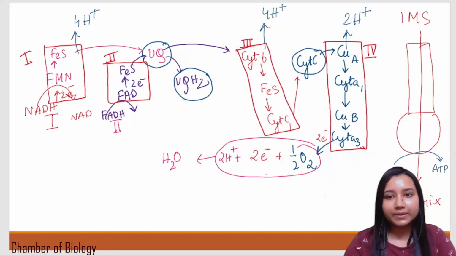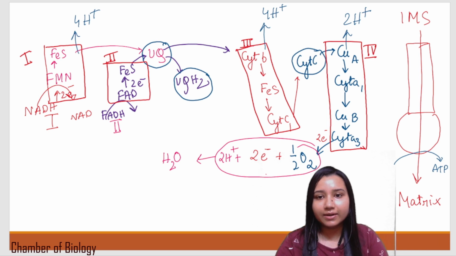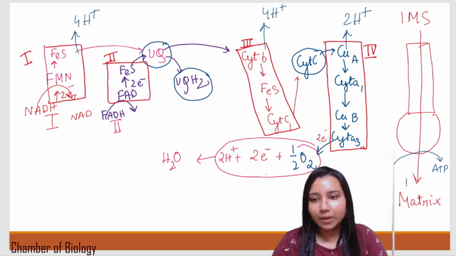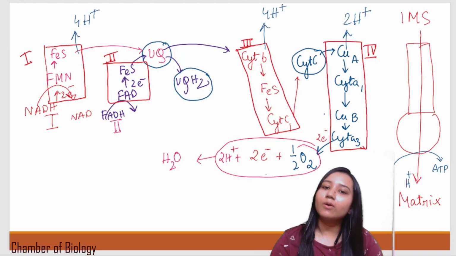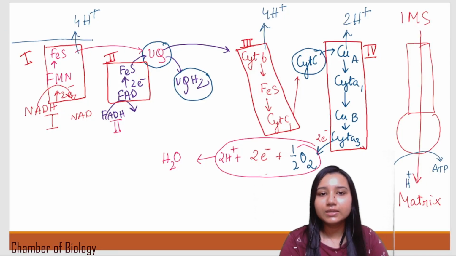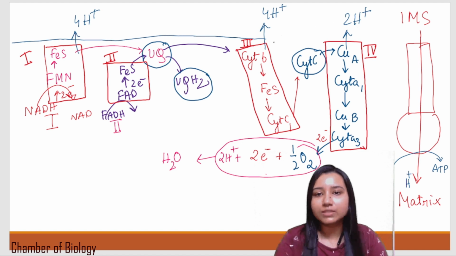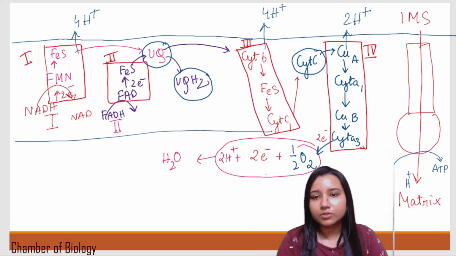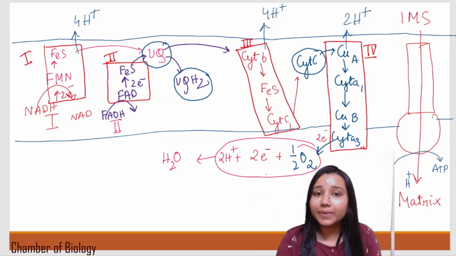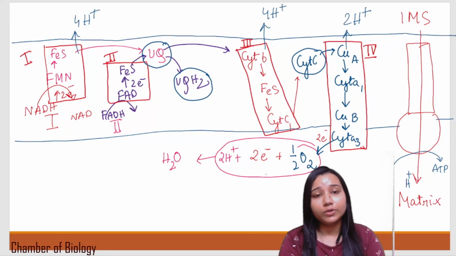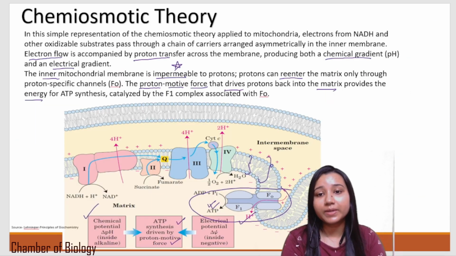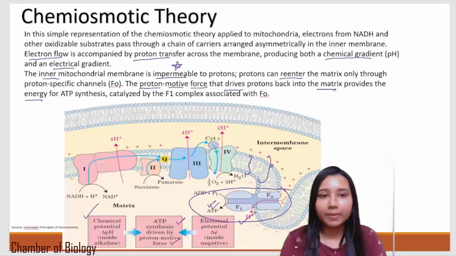I hope up till this it is clear to all of you. Now all of you can see it is pumping the H plus, and along with that it is also going to give us the ATP. All these complexes are present in the inner mitochondrial membrane only.